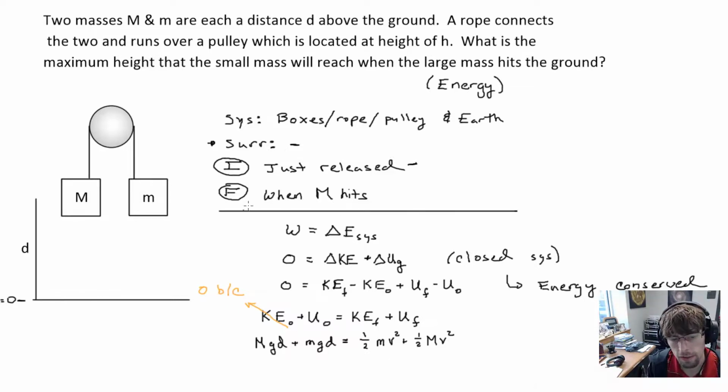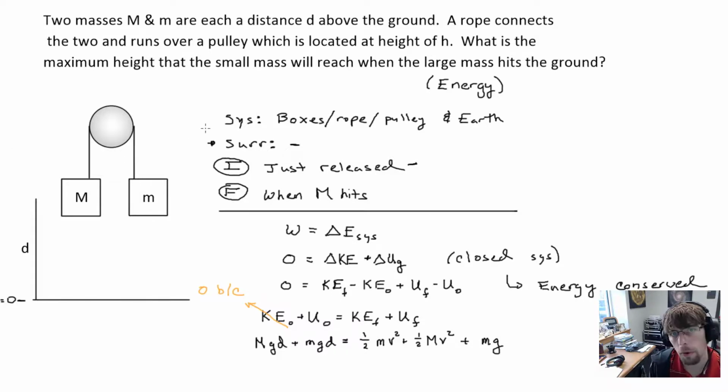Now we have to deal with the gravitational potential energy. And here we remember that big M is on the ground. So we don't have to worry about that. Height is 0. So the only one we have to worry about is little m times g.